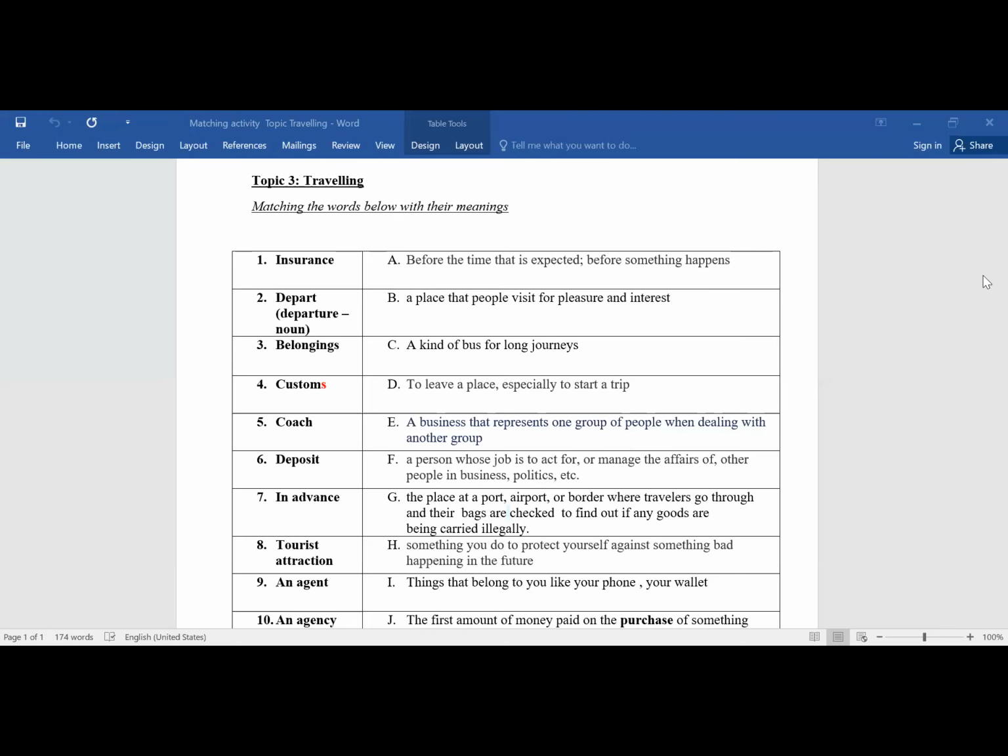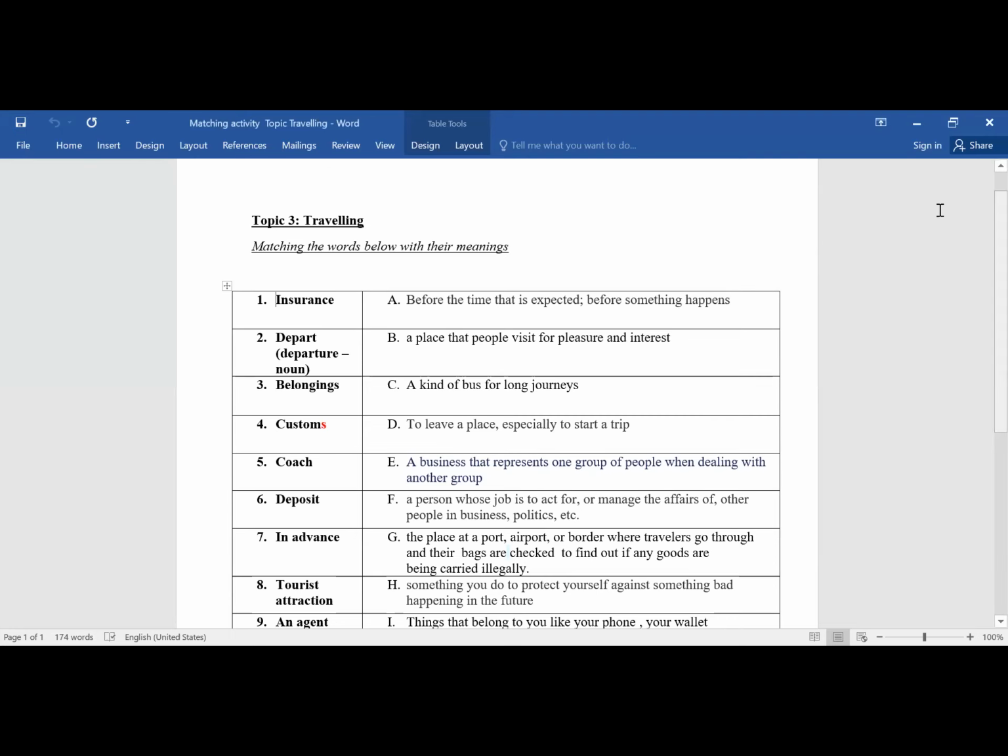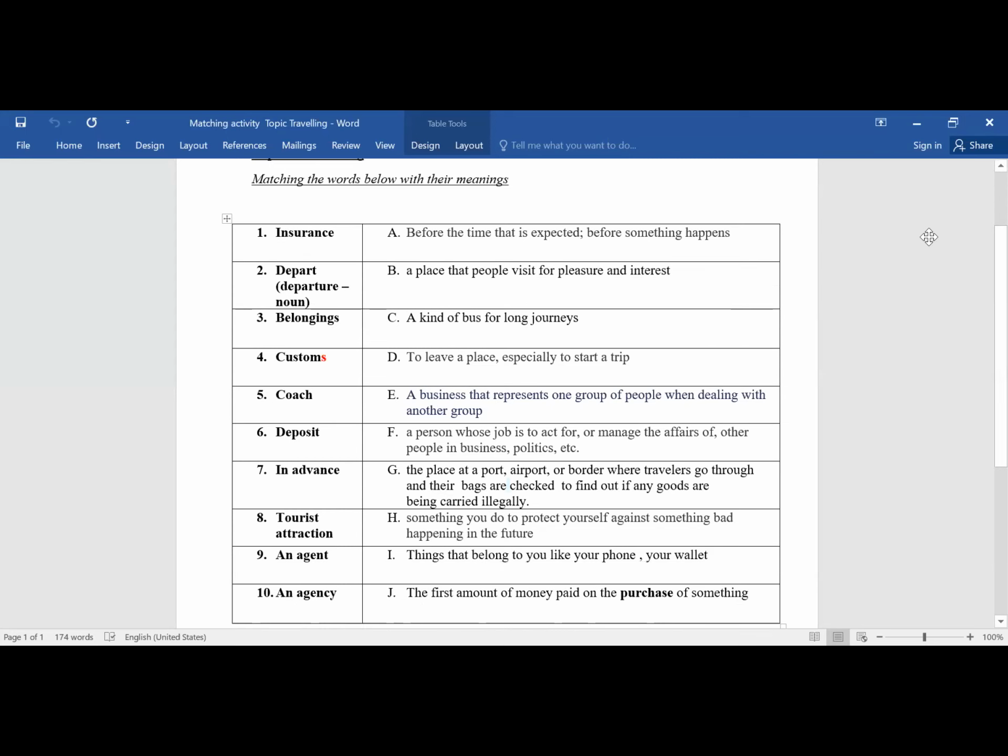Now, there are several words which are directly related to your upcoming listening activity, and I will complete these words together with you here, right? For this activity, I will not send you into a breakout room because you will have a game later. So you will have the chance to sit alone later.